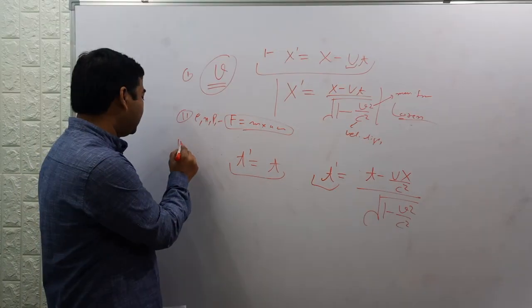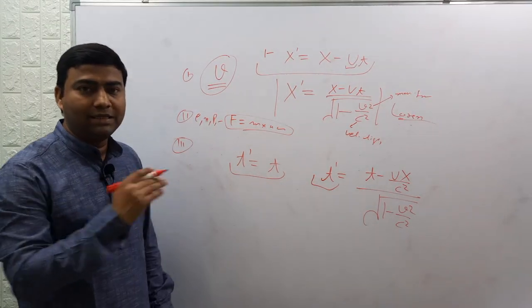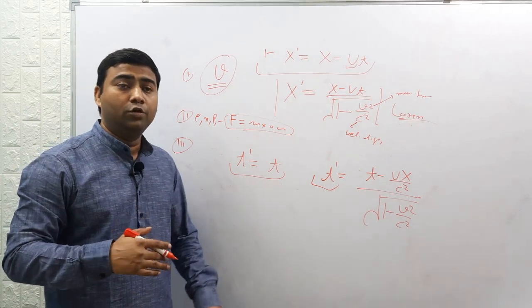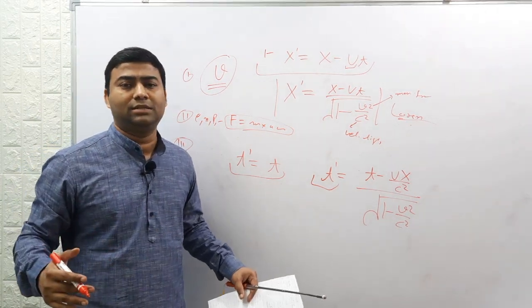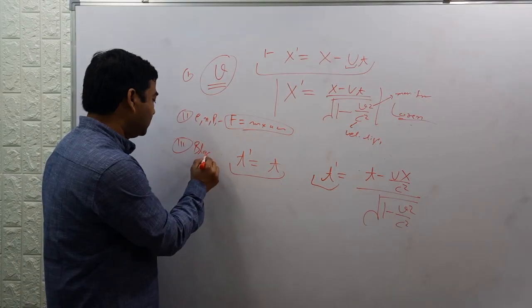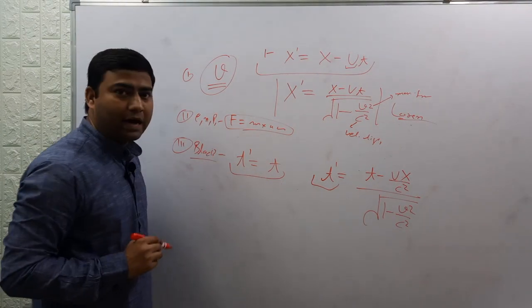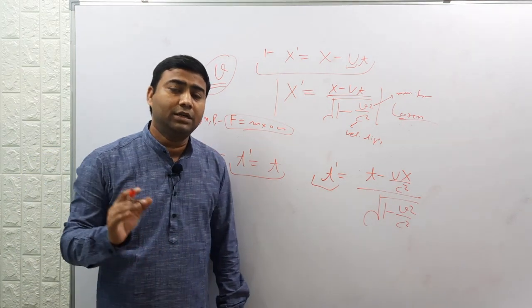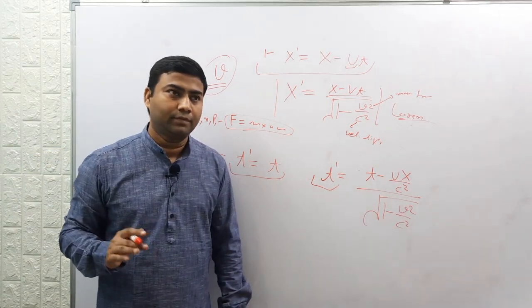Similarly, we have seen that Newtonian physics or classical physics is not applicable for very heavy masses like black holes. So black holes are explained only by the general theory of relativity.